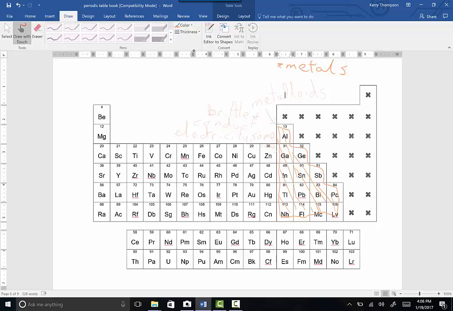Try and do a better job of fitting that in on your paper than I just did on mine. So again, the metalloids are the ones situated around that line. That line matches up with the page before.